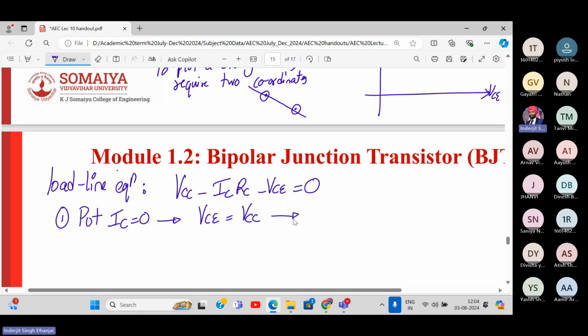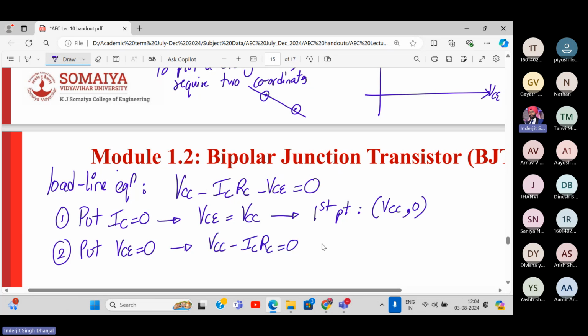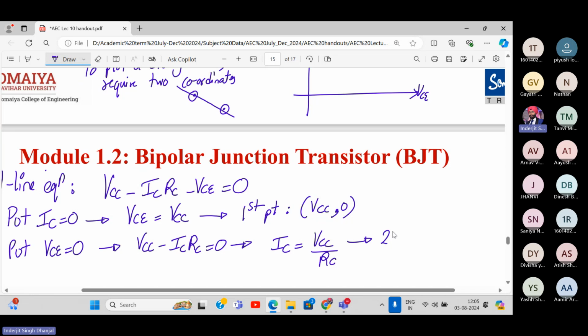So my first point will be VCC comma 0, because IC is associated with the y-axis and this is the x-axis. Secondly, we put VCE equal to 0. Then you get VCC minus ICRC is equal to 0. So what is IC now? VCC upon RC. So my second point will be 0 comma VCC upon RC.